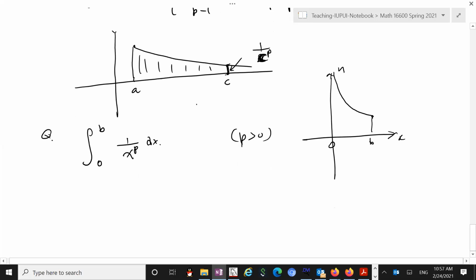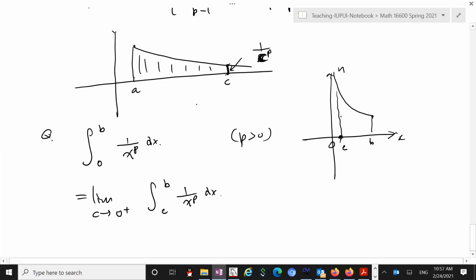From our definition, this is going to be the limit of this integral as c approaches 0 from the positive side.